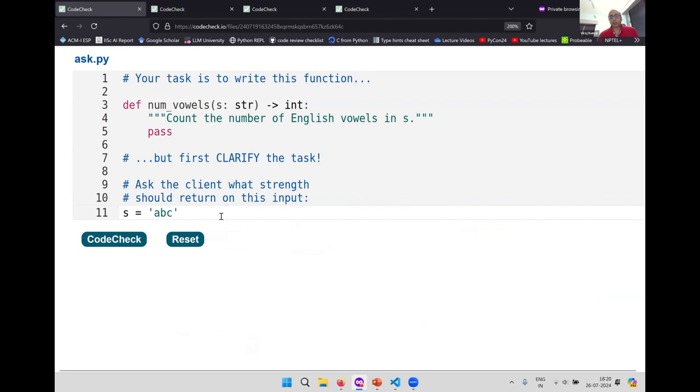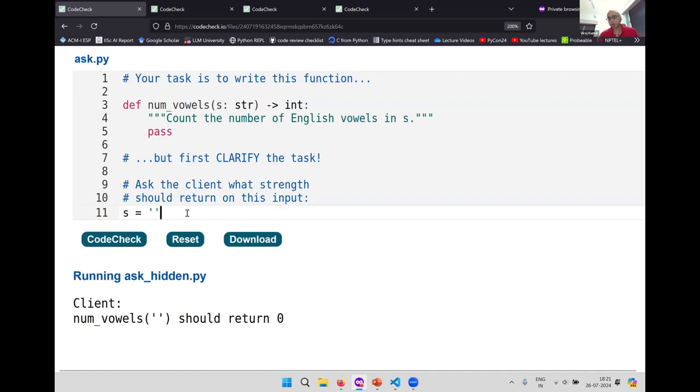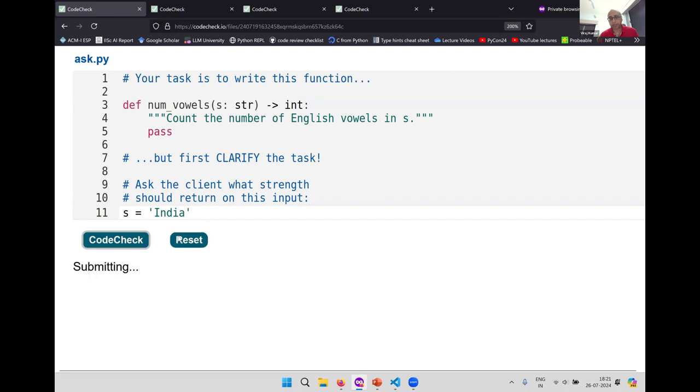So on this input, if we tried, for example, what should happen on the empty string, right? That may be an interesting corner case. The client would respond, well, obviously, in that case, you should respond with 0, right? And if I ask, well, what about this string, India? Notice that I have the letter I repeated, but one time it's capitalized.